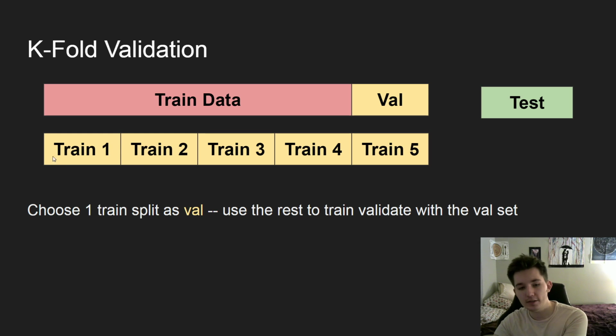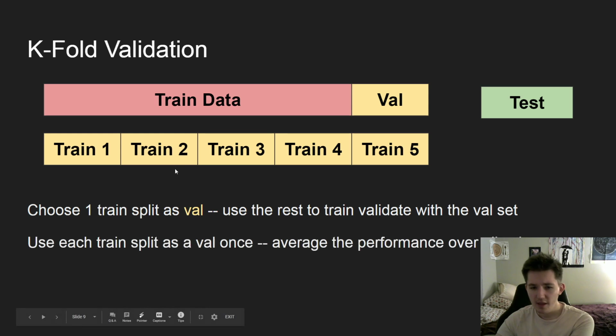If we were to do this, we might choose, okay, 2 is our validation set. We train using 1, 3, 4, 5, and then validate using 2, and see how our performance is on that, how well it scores on this one. What we're doing when we're doing K-fold is doing every iteration of that. We use train 1 as our validation first, train off the others, see how it does.